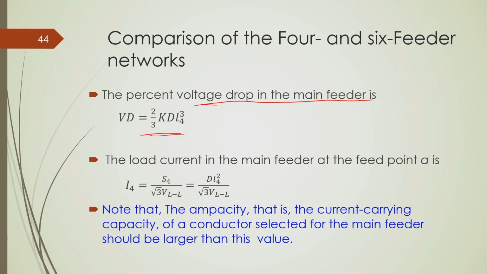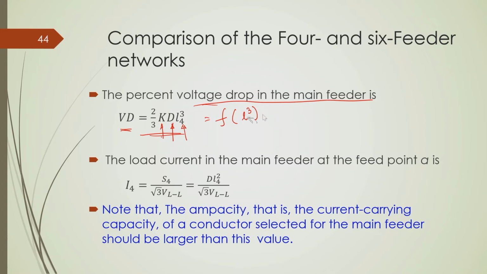Okay. Now, here one can understand one thing, that this voltage drop of the main feeder depends upon this parameter k, it depends upon the load density, it depends also upon the length of the feeder. So, this voltage drop is a function of the cubic length of the feeder.